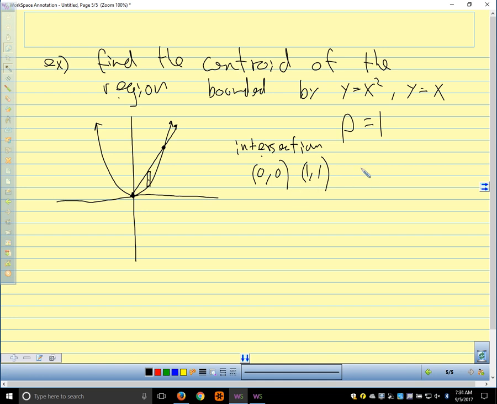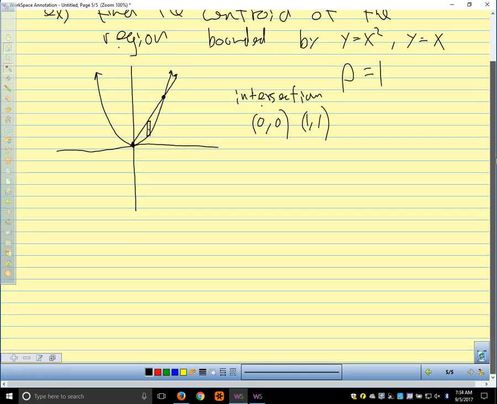So we're going to integrate from 0 to 1. We could use horizontal strips. We can divide our region if it's easier, into horizontal strips. It'll work the same. We just have to adjust our integrals if we want to use horizontal strips. All right, so our mass integral is going to be our density, which is just 1, times the integral from 0 to 1 of f of x minus g of x.